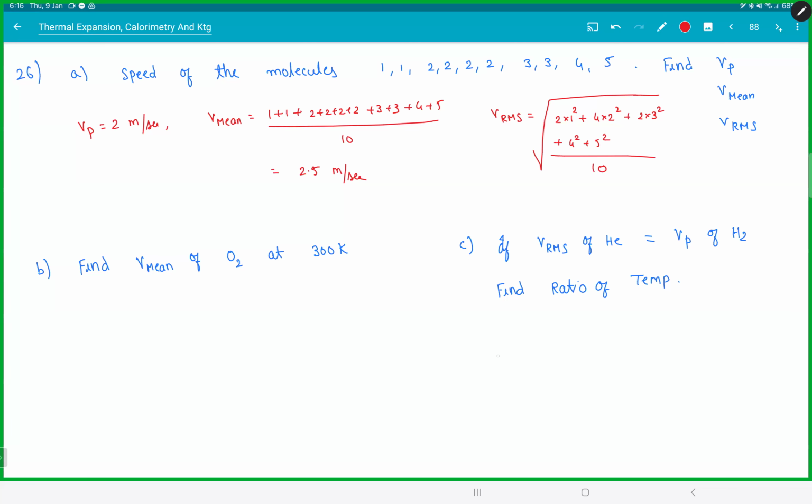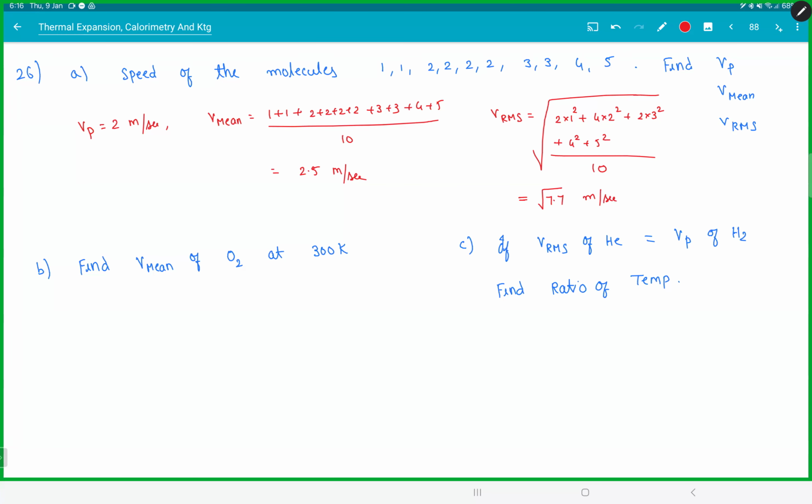How much is that? 2 into 1 square is 2. 4 into 4 is 16. 2 into 9 is 18. Then 16 and 25. 16 plus 16 is 32. 18 plus 2 is 20. 20 plus 25 is 45. 45 plus 32 is 77. That's root 7.7. Clear? You can leave it there.